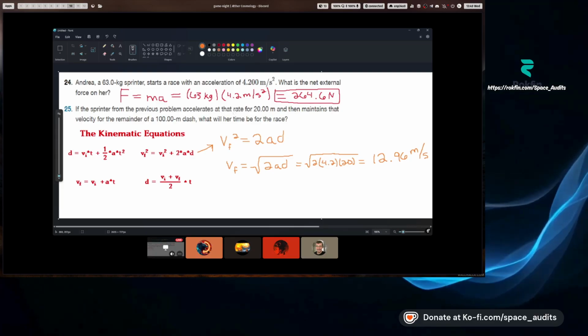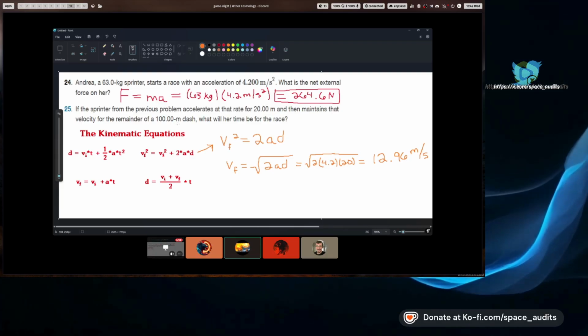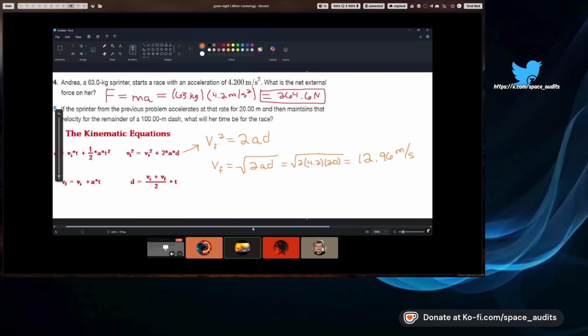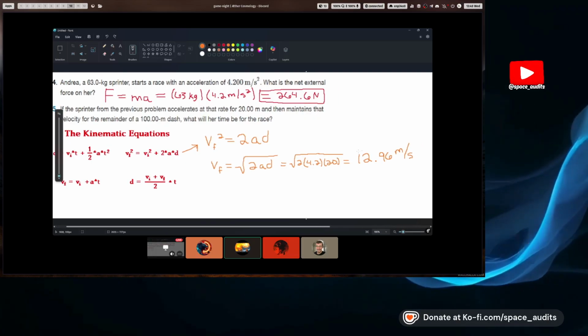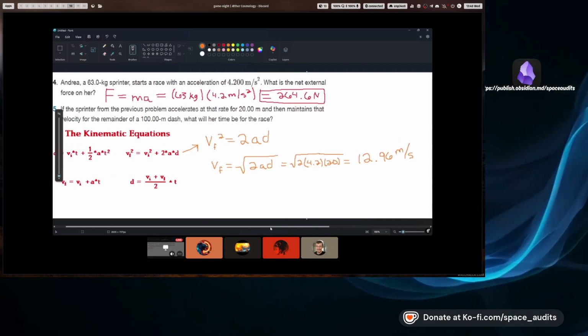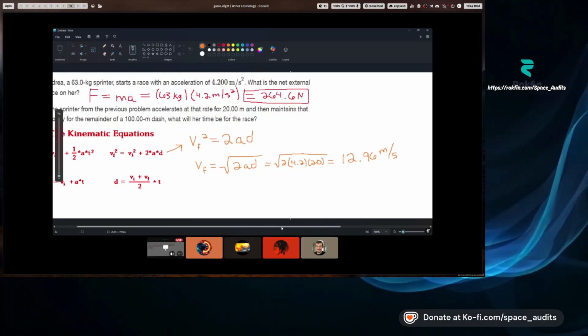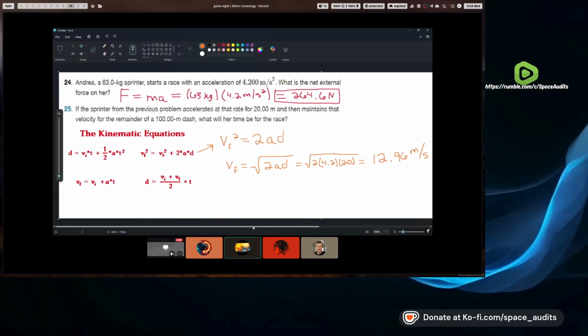We've got the 20-meter leg, and we've got the 80-meter leg, because that's the second half. When she stops accelerating and she's got her speed now, she just cruises at that speed the rest of the race. We'll call that the second leg. It's very easy to figure out the time for that second leg. Do you know what we would do to find the time for that second leg?